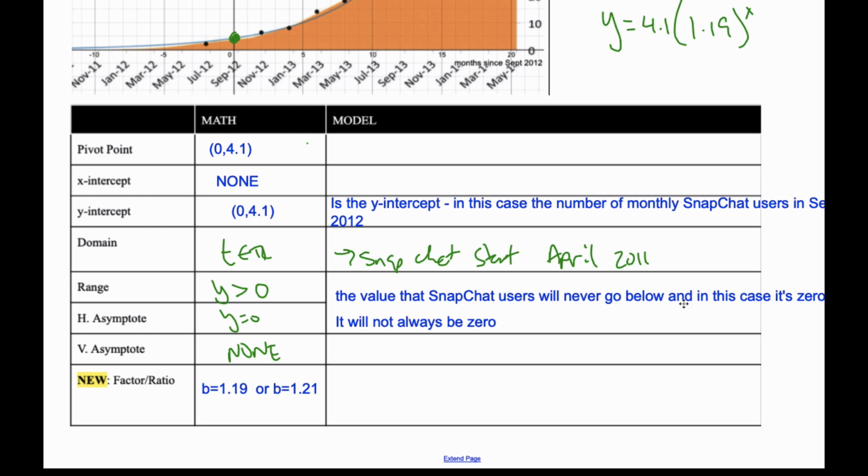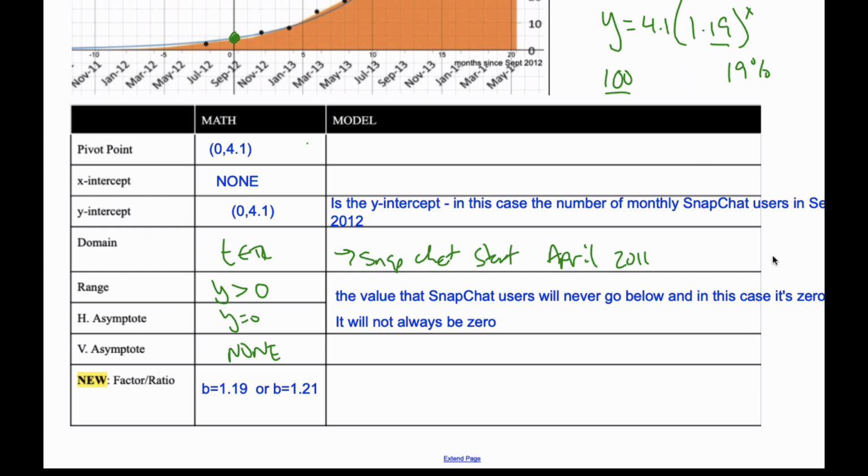And what it means is that each month, Snapchat users were growing by 19%. Because the 1 represents keeping exactly 100% of the people that are already still doing it. And then this is more than the 100% that are currently doing it, 19% more.